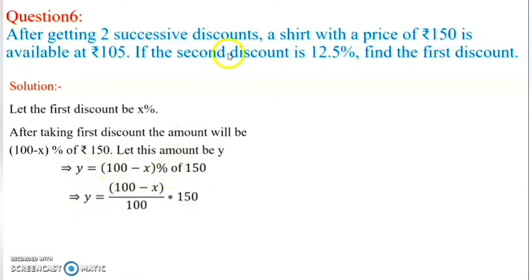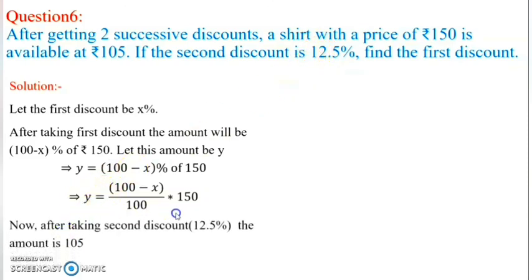Now after taking the second discount, it will be (100 minus 12.5)% of this amount, because this amount is after the first discount. So this discount will be applied on this amount. After taking the second discount, that is 12.5%, the amount is 105.